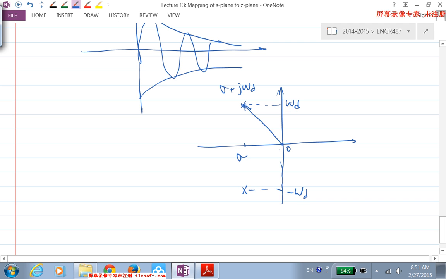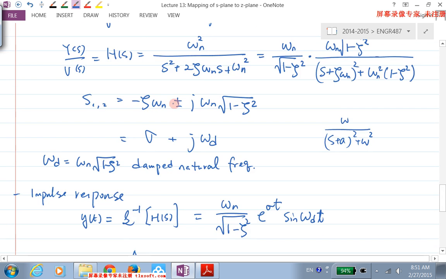So if you do a quick calculation, sigma is this and omega d is this. The square of sigma is zeta squared omega n squared. The square of omega d is omega n squared minus omega n squared times zeta squared.